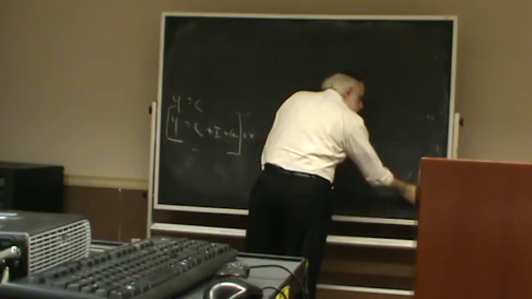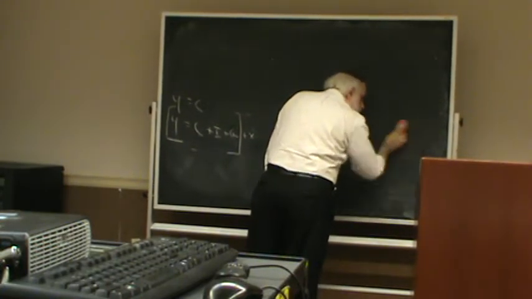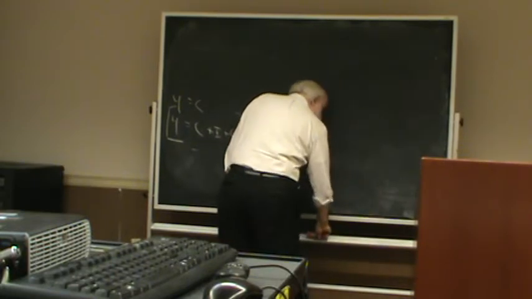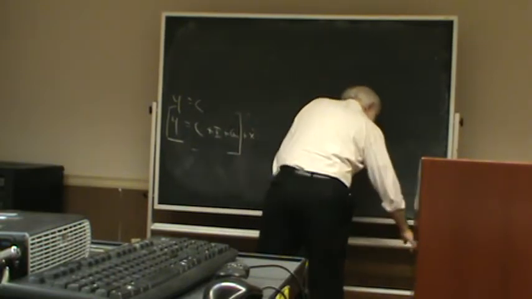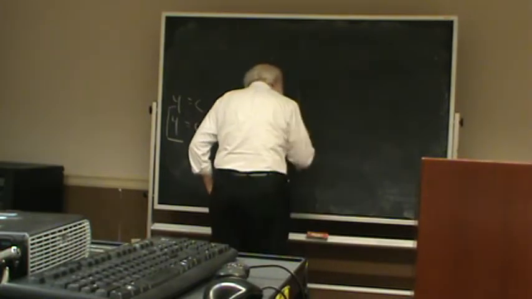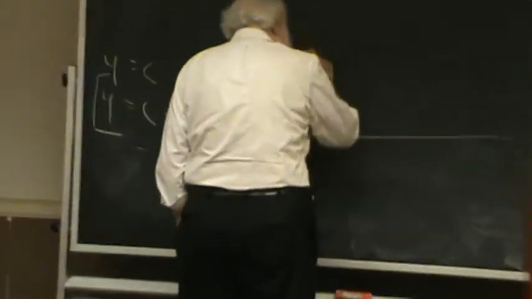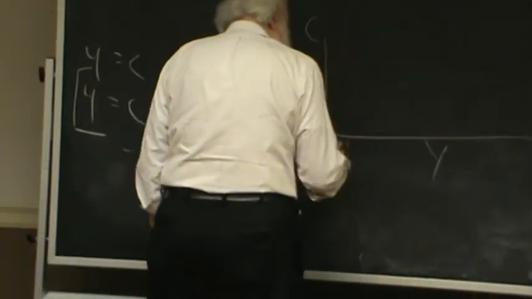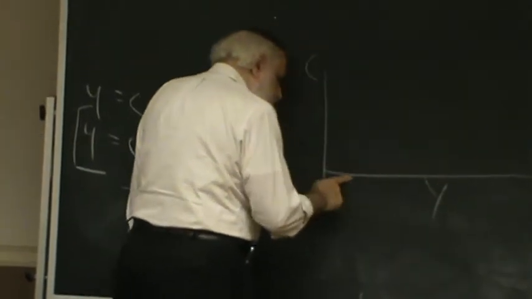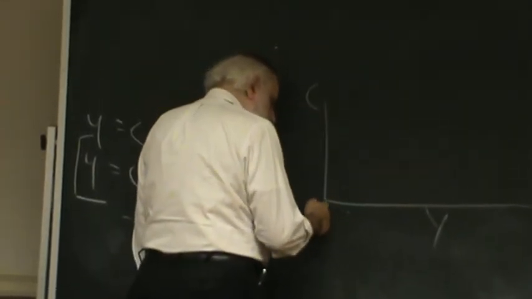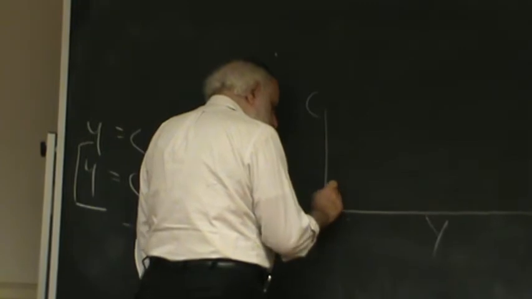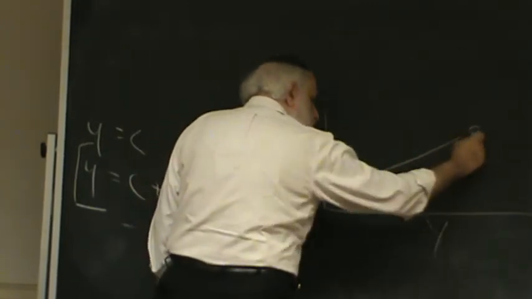Okay, so we're going to draw the Keynesian position. Keynes believes, for example, if this is Y and this is C, he believes as follows. He believes that this consumption line is going to look like this.